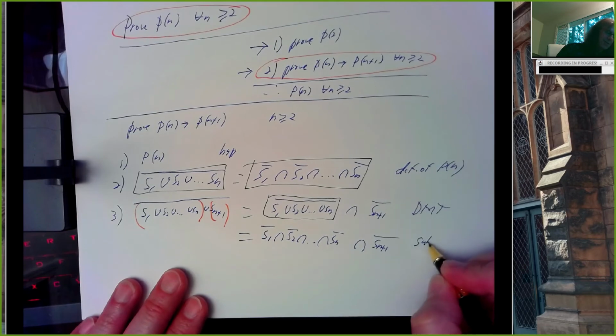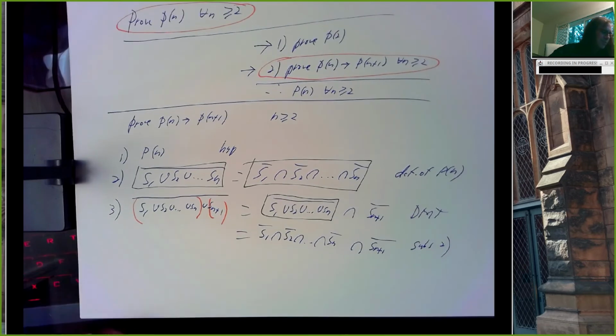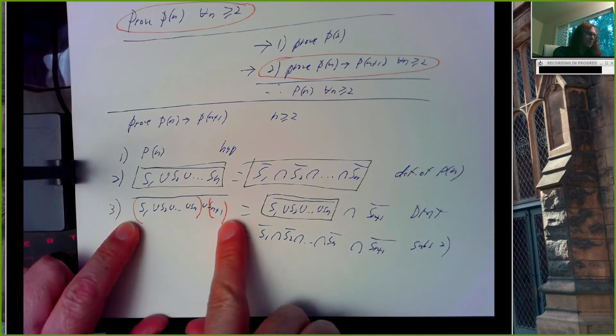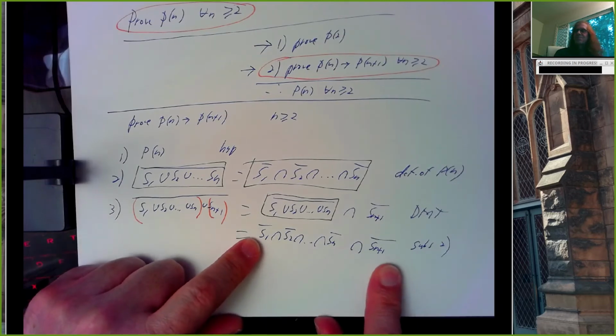And that's just substituting from step 2. Well, what did we just show? We showed that the complement of the union of n plus 1 sets is equal to the intersection of those n plus 1 complemented sets.